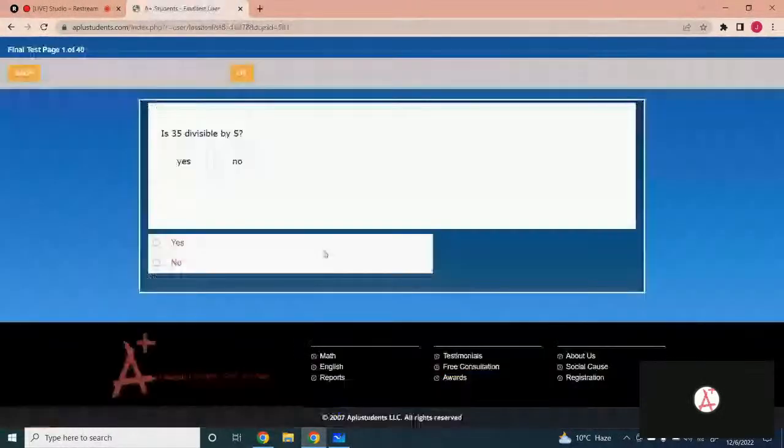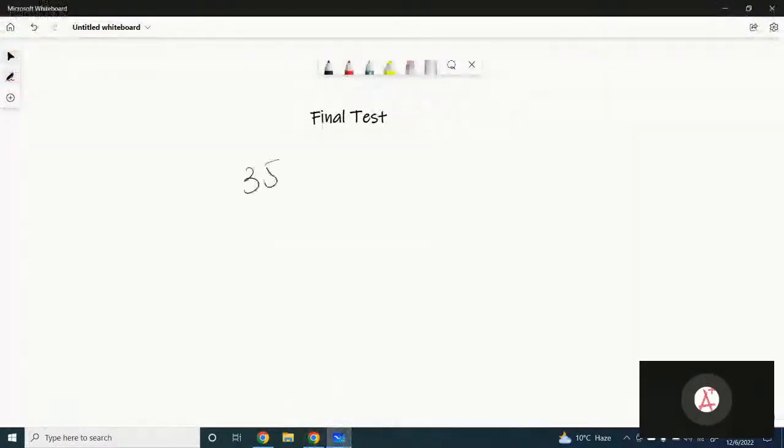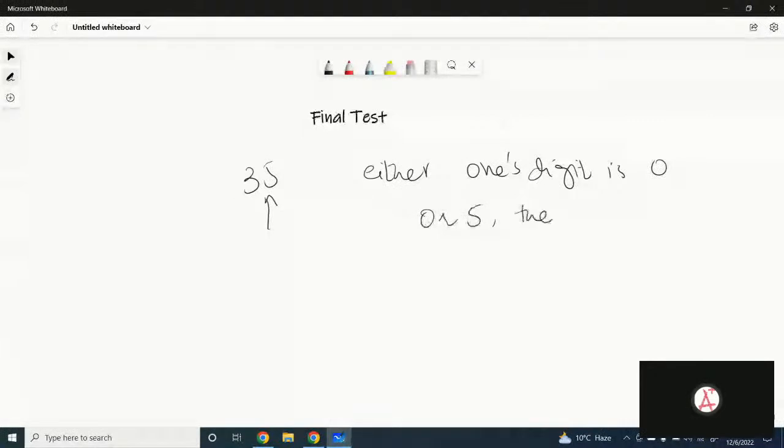Okay, is 35 divisible by 5? To apply the divisibility rule, the divisibility rule for 5 is, you have to just look at the ones digit. If the ones digit is 0 or 5, that means the number is divisible by 5.